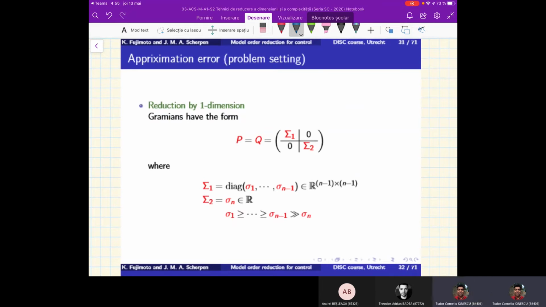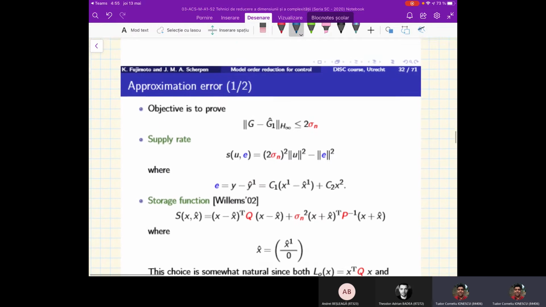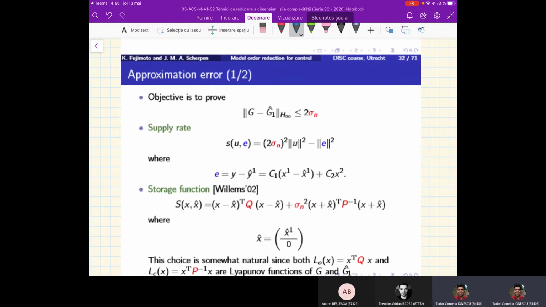Now, if you do reduction by one dimension, the Gramians have this form, and the objective to prove is this one. And it gives here a dissipativity type of proof for the error bound on the approximation error.